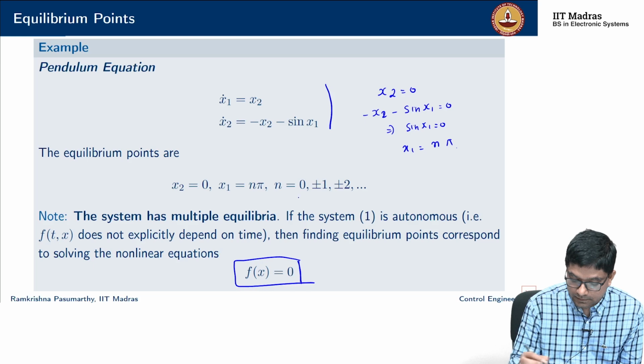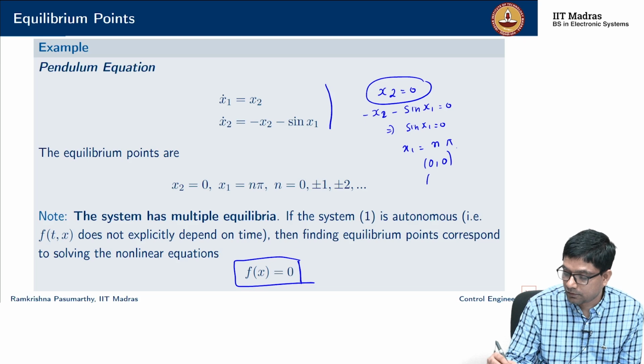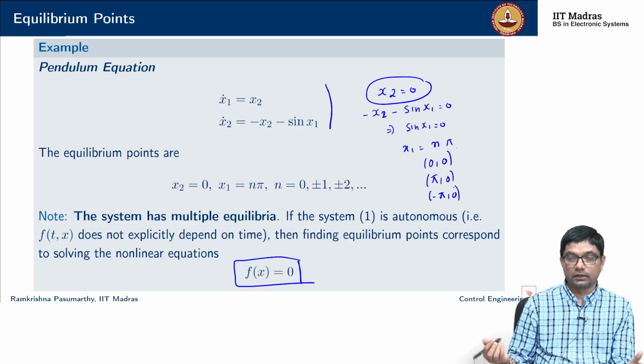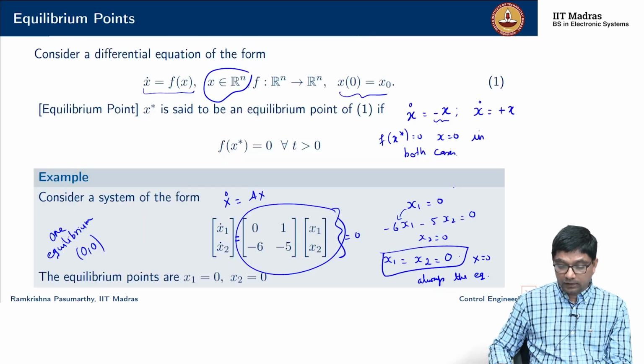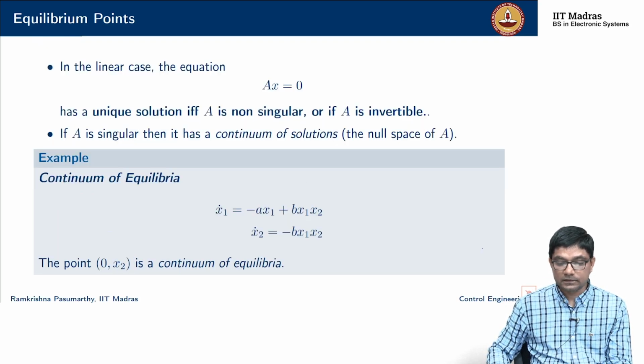That could be 0 comma 0, where x2 will always be 0, like the velocity will be 0, then pi comma 0 and minus pi comma 0. These systems are autonomous and also time invariant.